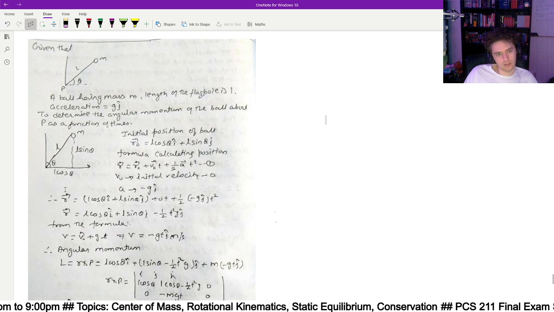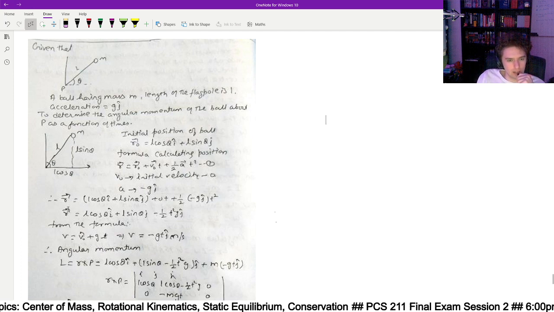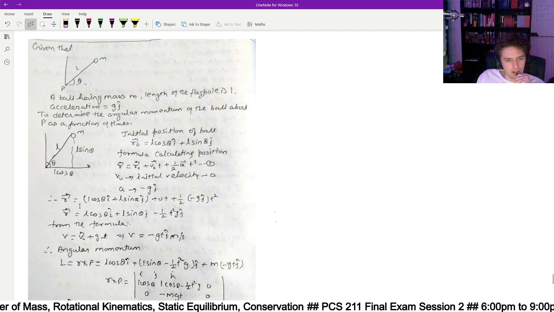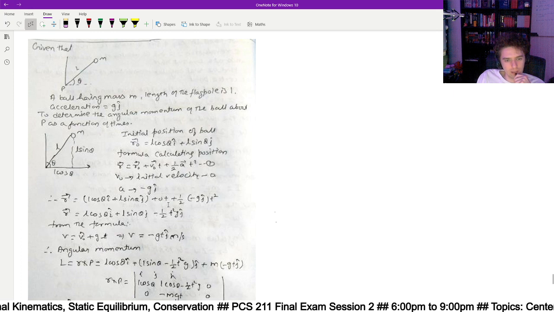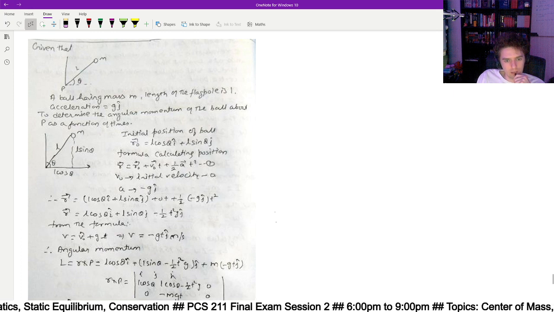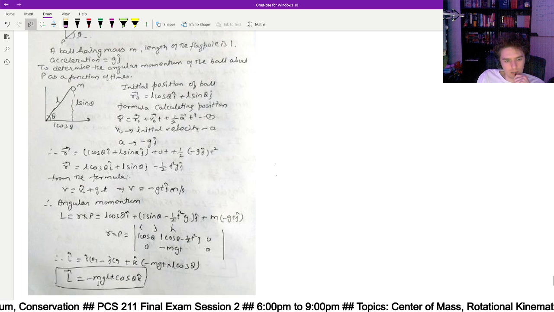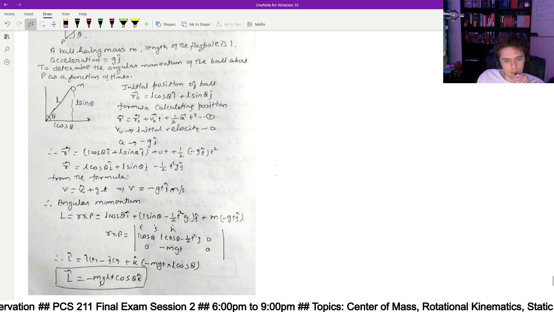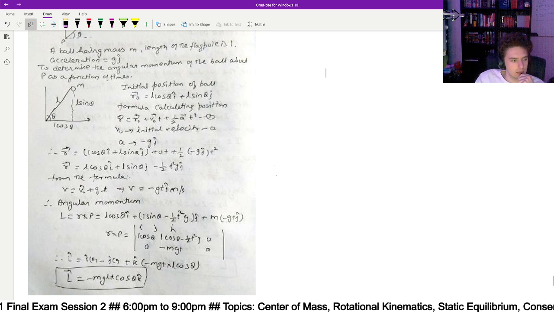I think that's alpha. No, that's an R. Okay, R. L cos theta. See what they did. So the final thing is, momentum is mg. Determinant of that.